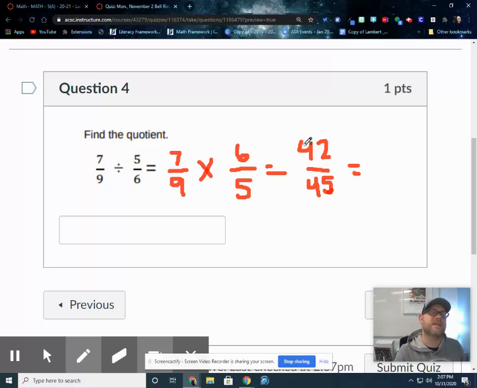So let's see. That would be 30, so 10, and then another 12, right? So that would be 3 times 4. If I divide the top number by 3, I would get 14, and of course this is 3 more, so this would be 15. 14 15ths is the simplified version of that problem. So either one of these two would be correct.